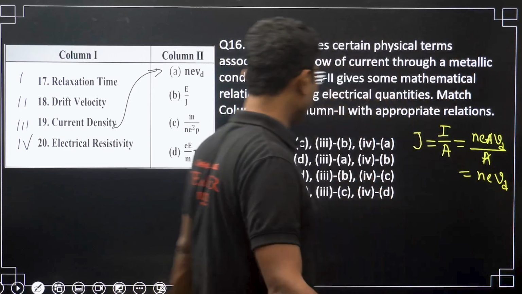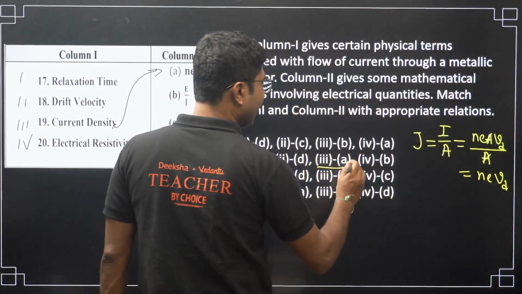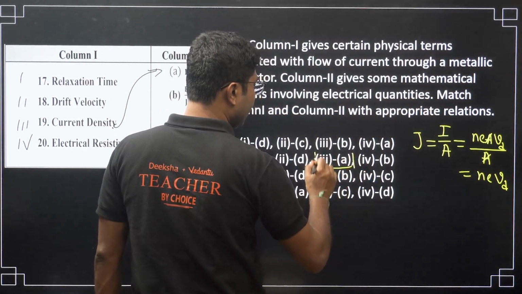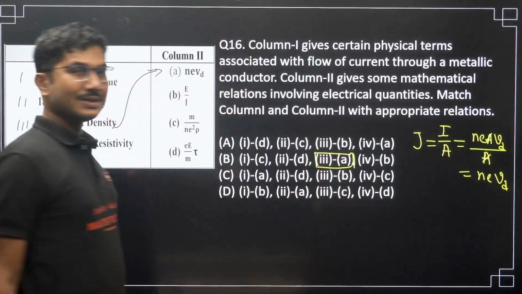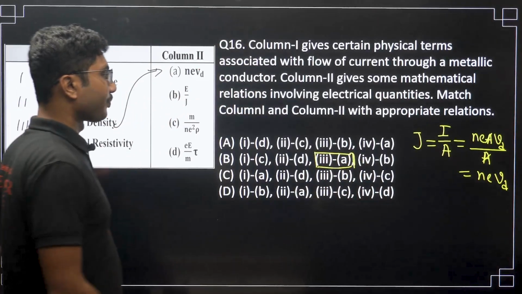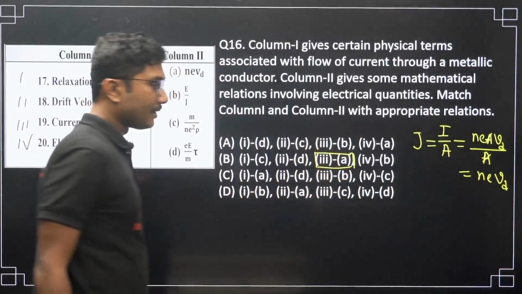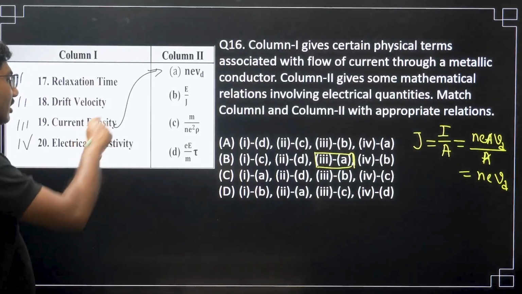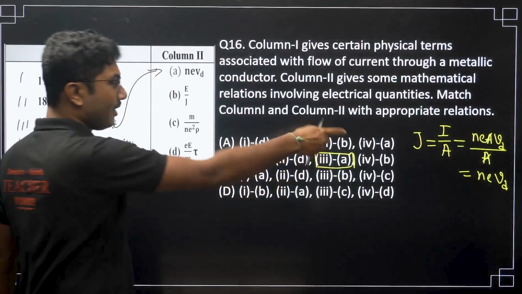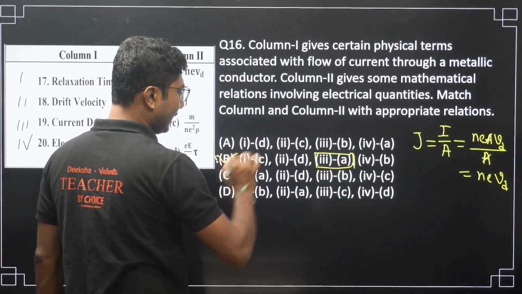But here, 3 is matching with A only once. This is a shortcut trick I am teaching you. In other options 3 is not matching with A, and we are sure that current density is N E VD. So definitely option B is correct.